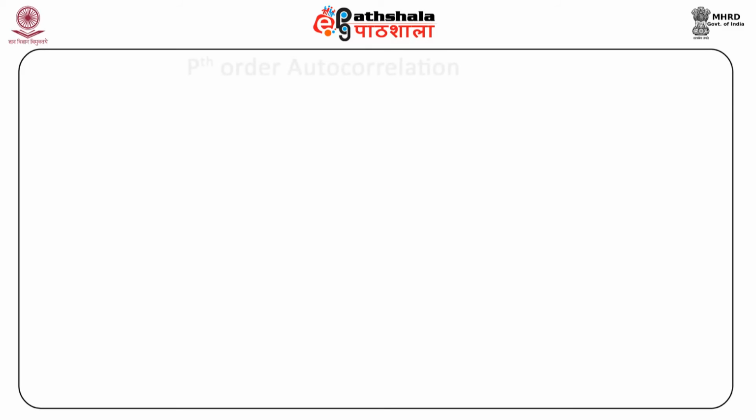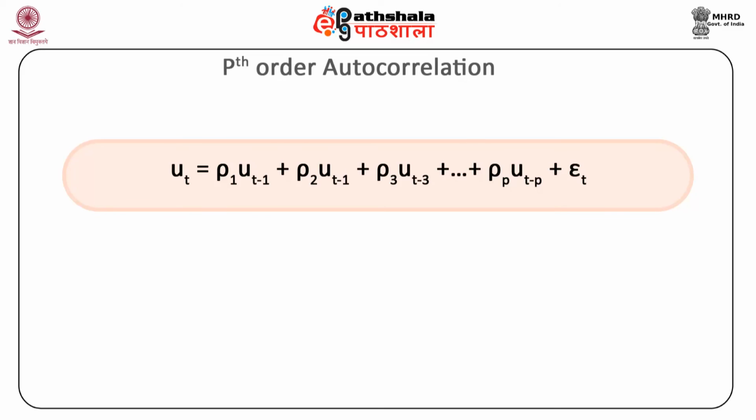The last is the pth order autocorrelation. In general, the autocorrelation may be of any order, and a pth order autoregressive process AR(p) may be written as u_t = rho_1 u_(t-1) + rho_2 u_(t-2) + rho_3 u_(t-3) and so on up to rho_p u_(t-p) + epsilon_t.